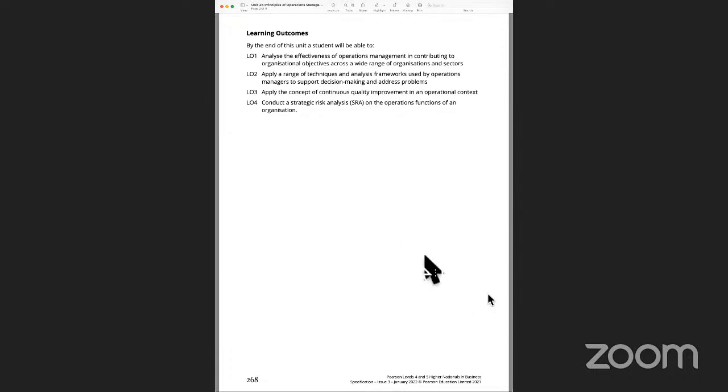So in this particular learning outcome, we're going to be looking at how we conduct a strategic risk analysis on the operations function of an organization. Now, we would basically go through bits in terms of understanding the different types of risks, but the main focus is primarily going to be on operational risks.